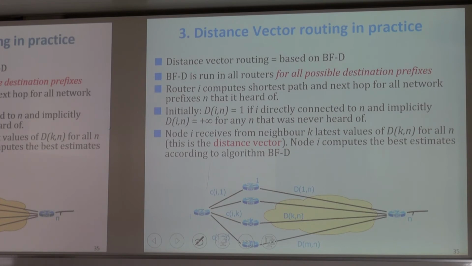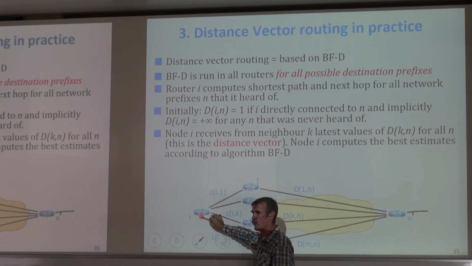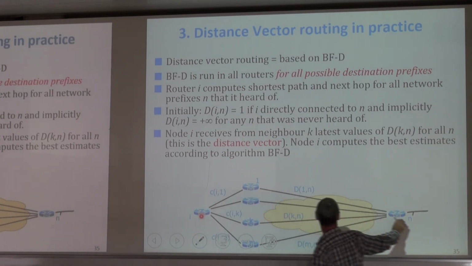Other than that, we do distance vector, for example, using exactly what we saw. So node I, which is router I, will send to all of its neighbors its estimate of its cost to going to all possible destinations.